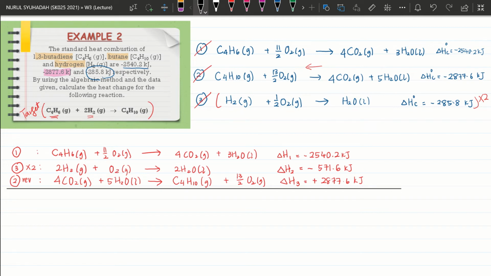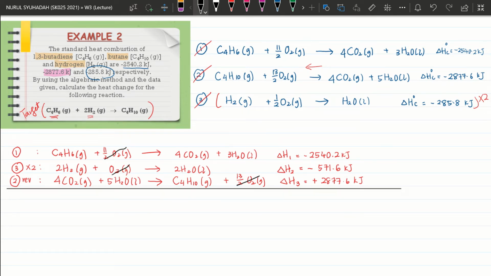Cancel all the terms that are the same, so check one by one. First, oxygen. We have oxygen over here, 11/2 plus 1 oxygen over here. So the total oxygen that we will have is 13/2. So we can cancel this.